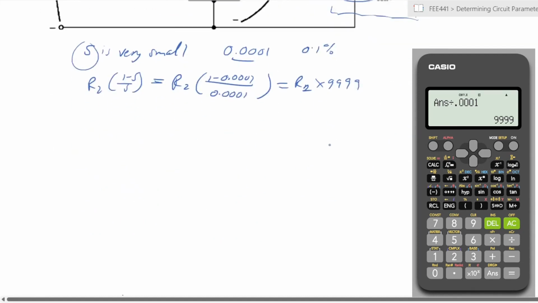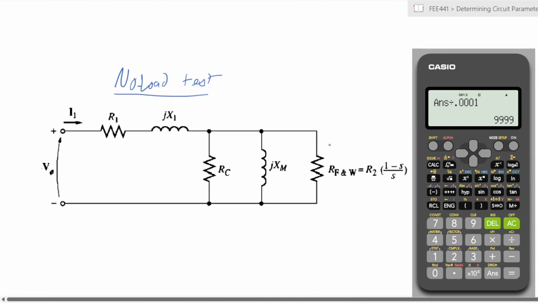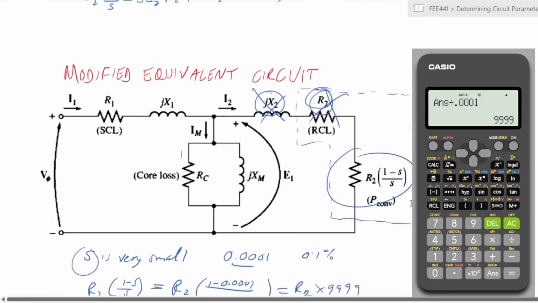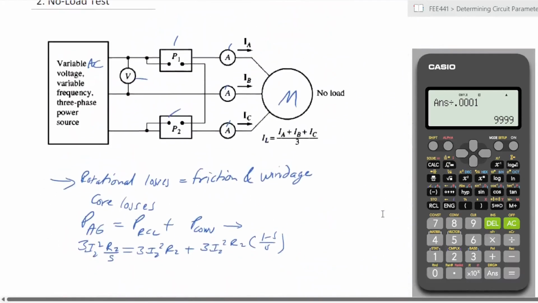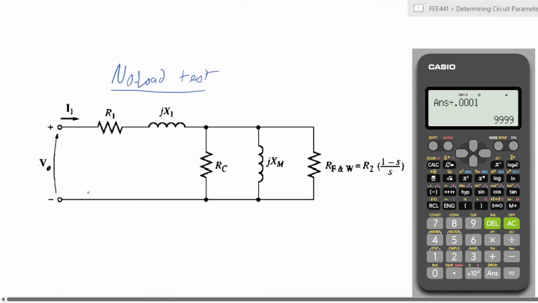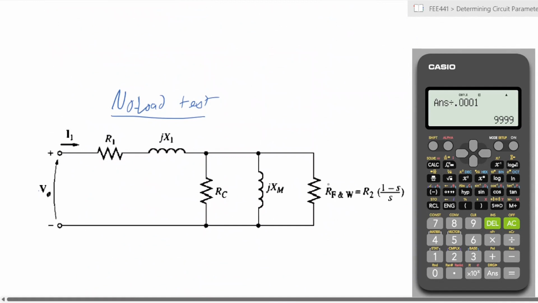So this means that you now have yet another circuit which looks like this. So you have your converted power, which we said up here is actually constituting rotational losses, and that is represented down here. So these are rotational losses.